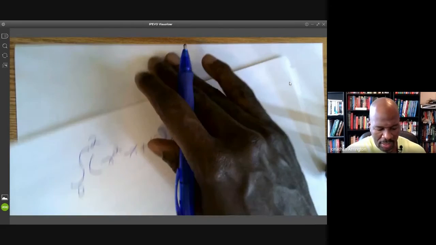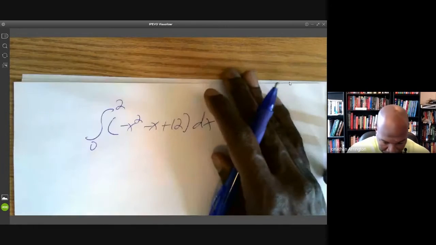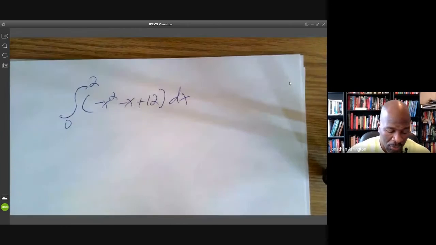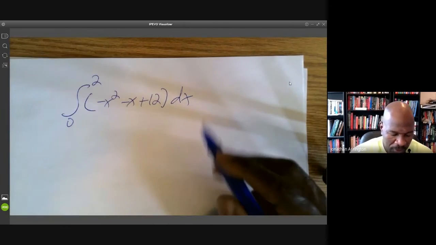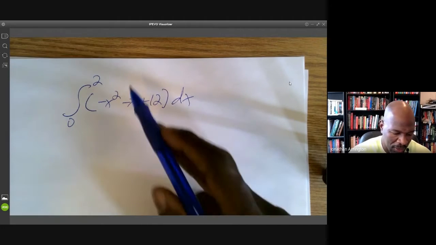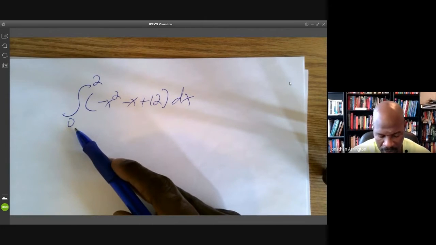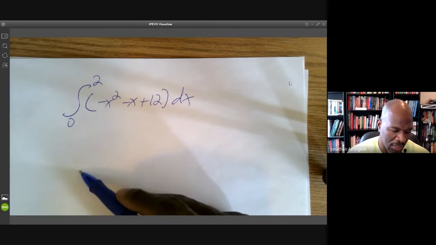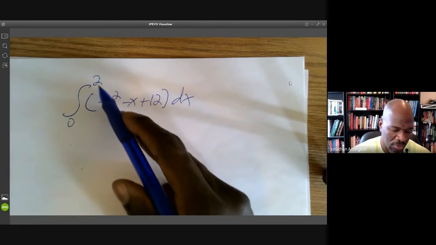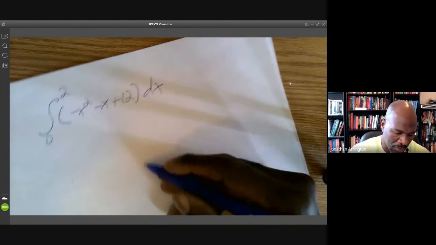This is a nice, easy problem for a couple of reasons. One, we only have to do one integral. Two, it's a polynomial, and one of the limits is 0. So when I plug in 0, I'm going to get 0. So after I find the antiderivative, I only have to plug in 2. So it's a nice little problem here.